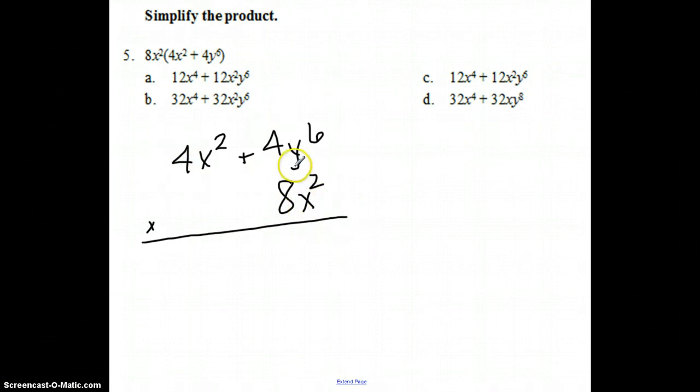So 8x squared times 4y to the 6th is positive 32x squared y to the 6th. 8x squared times 4x squared is 32x to the 4th. So that means that up here on my choices of answers, B is going to be my answer.